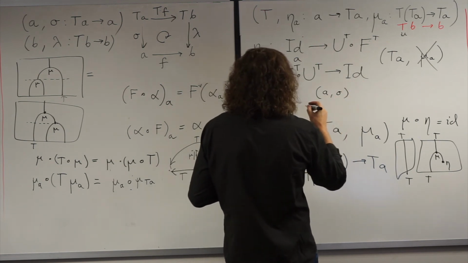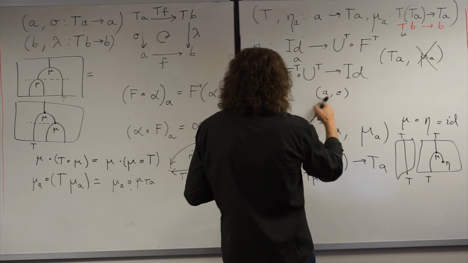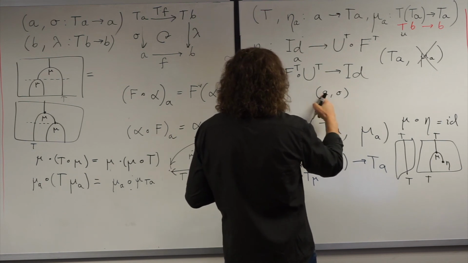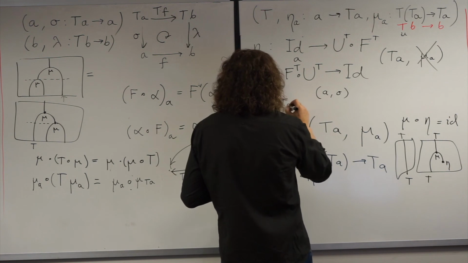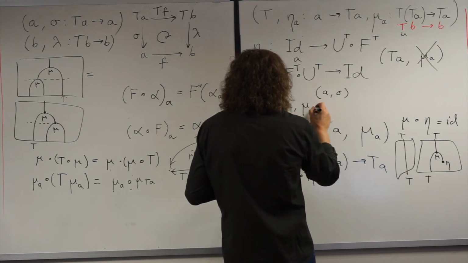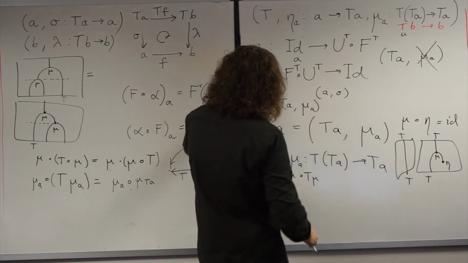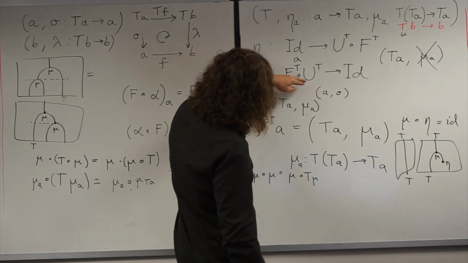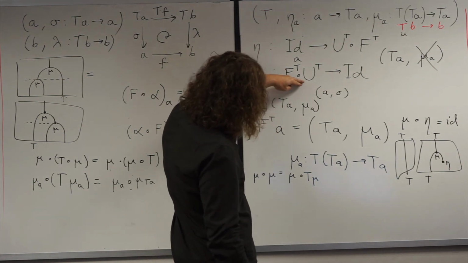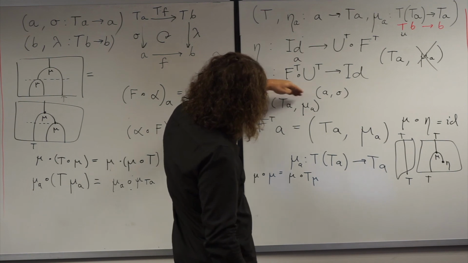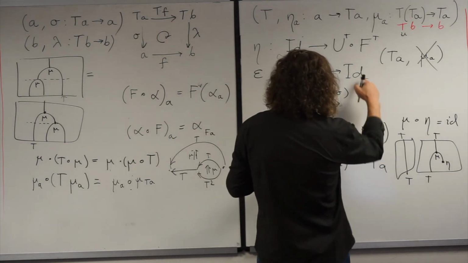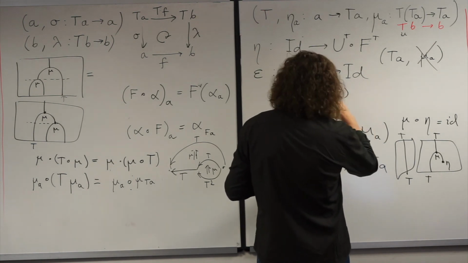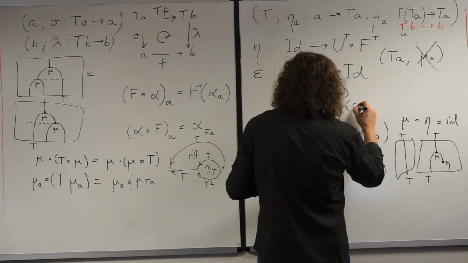This one will forget about sigma and give me A. And the free functor will give me (TA, mu A). So the result of the left-hand side acting on A is this algebra (TA, mu A), and I have to map it to ID acting on (A, sigma), which is (A, sigma).